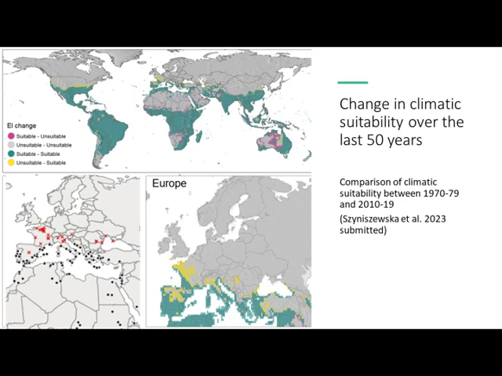In fact, a recent study by Sinisevska and colleagues, working with climate modeling, shows that some of these habitats, here in yellow, have gone from unsuitable to suitable from the 70s to the last decade.